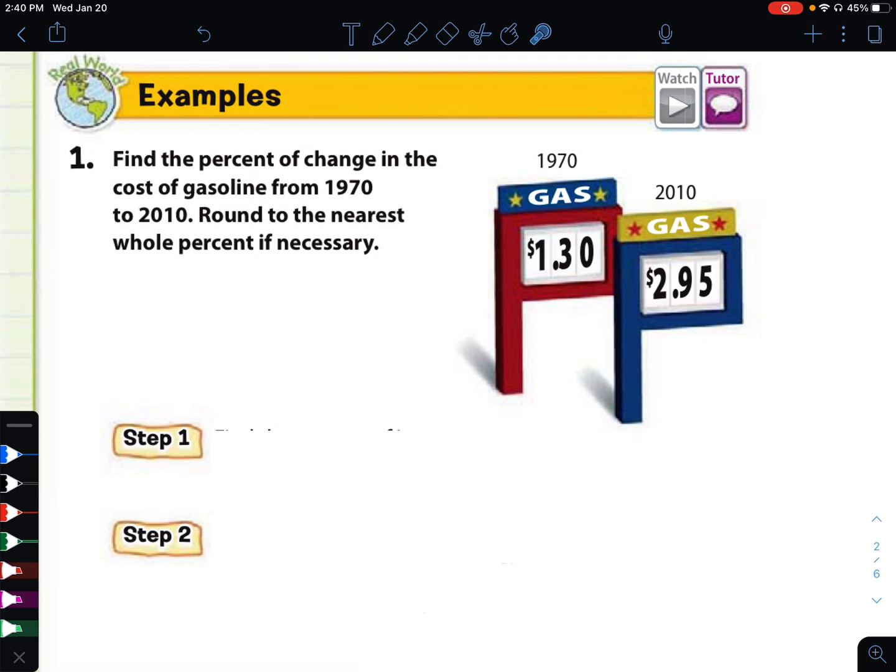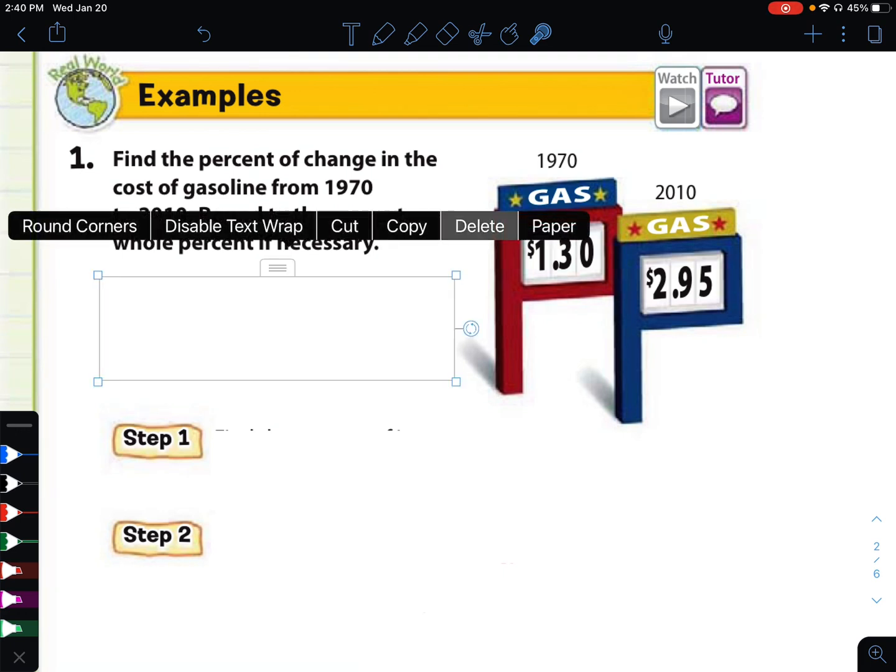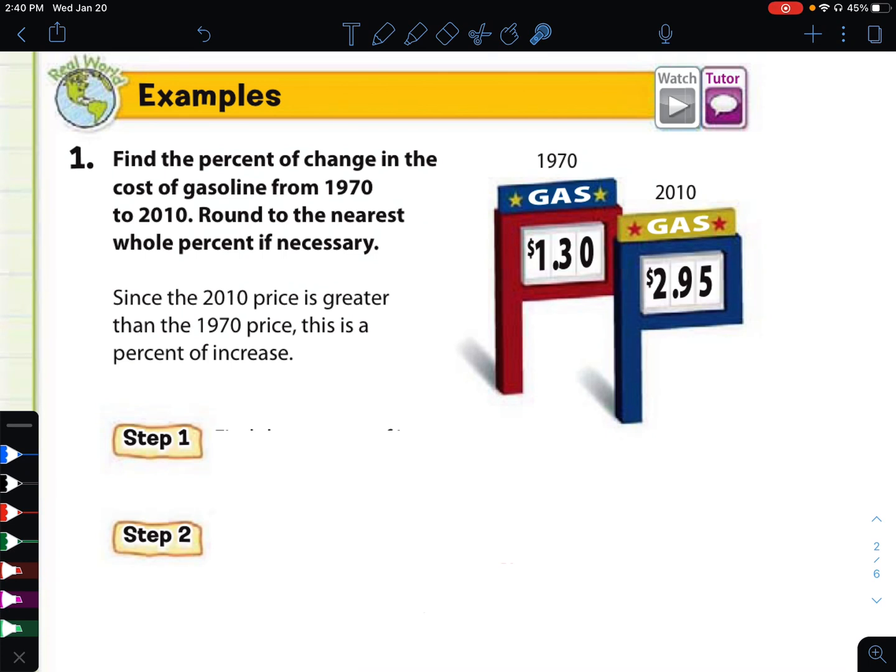So we notice that since the 2010 price is greater than the 1970 price, this is a percent of increase. What it's saying is that 2010, which is $2.95, is greater than $1.30. So therefore, the price went up. If the price went up, then it is a percent of increase.